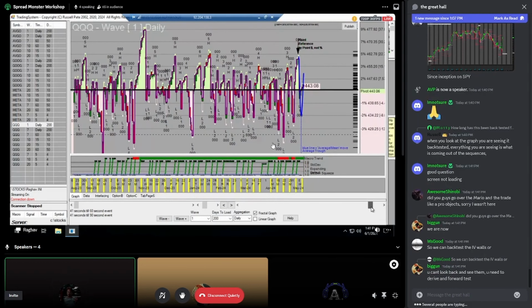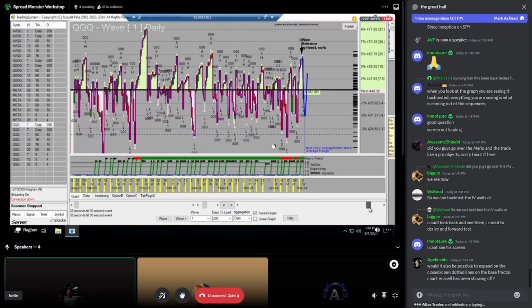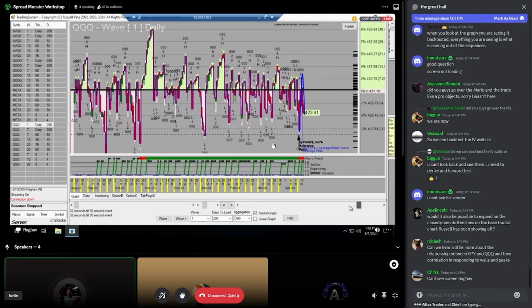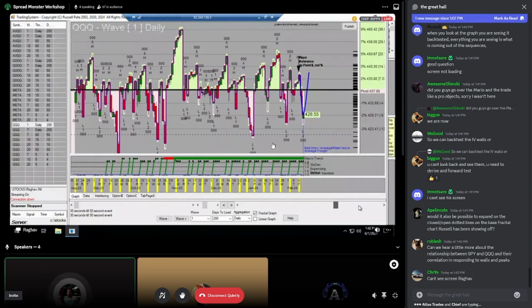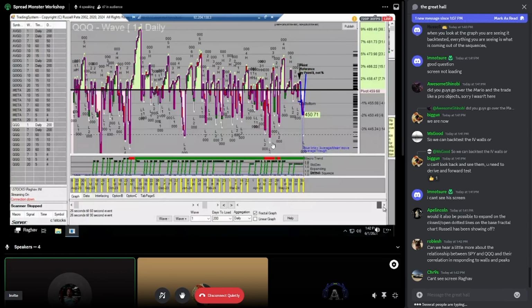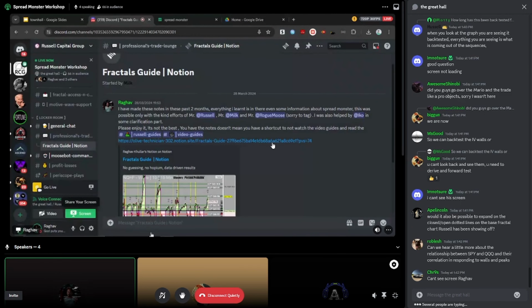Sometimes I do this to test the mean wave and how it performs. So this is the backtest feature that we have in the fractals.